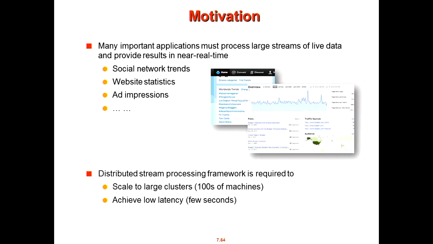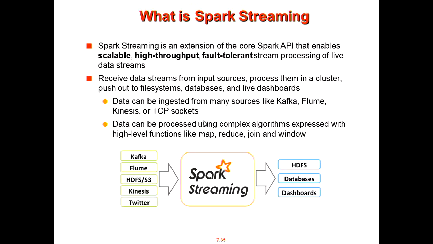Spark is better, but Spark Core is also not designed for streaming data, so the efficiency is not very good. As a result, the Spark project began to design the Spark Streaming component. It's an extension of the core Spark API that enables scalable, high-throughput, and fault-tolerant stream processing over live data streams.